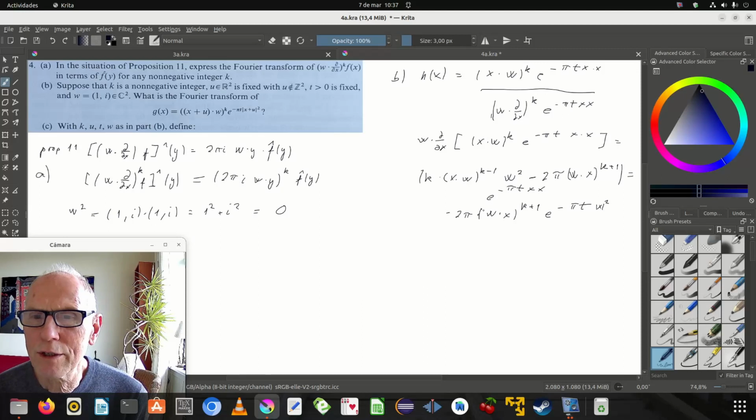And that means that differentiation will give a factor 2 pi.